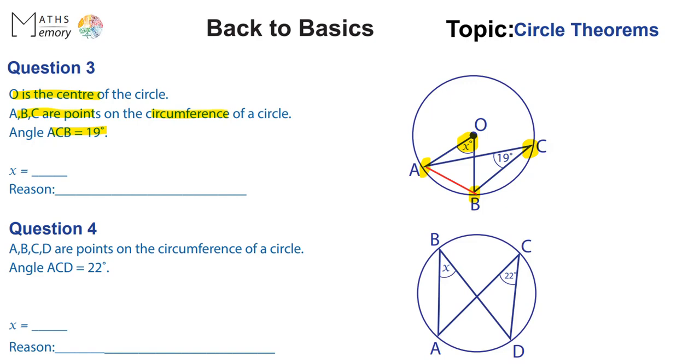Your first one is AOB, and the second one is ACB. So AB acts as your base line on both these triangles. That's how you know which one you're looking at. It's the center, and this one ACB. So x is clearly going to be double this, because we're working backwards. We'll call it a double angle theorem.